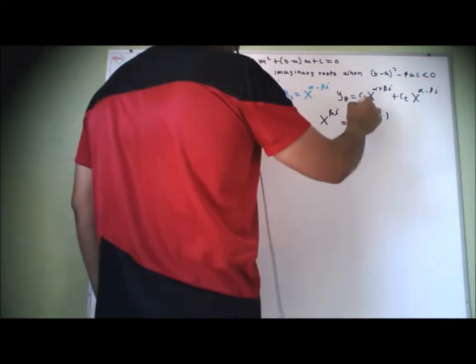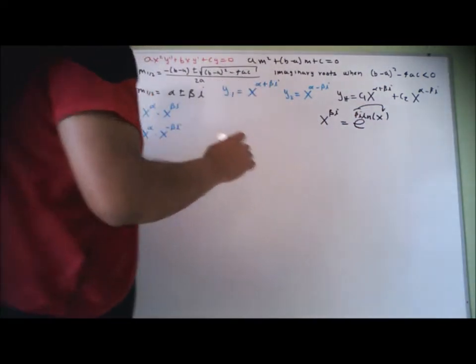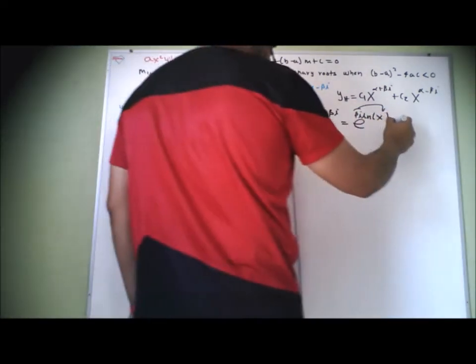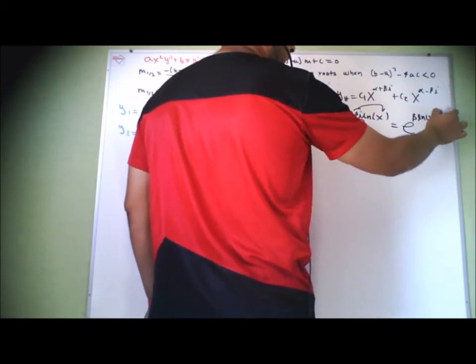Yes, because the exponent goes in the power and the exponential and the natural log cancel. So this is going to be the exponential of beta, the natural log of x, I number.